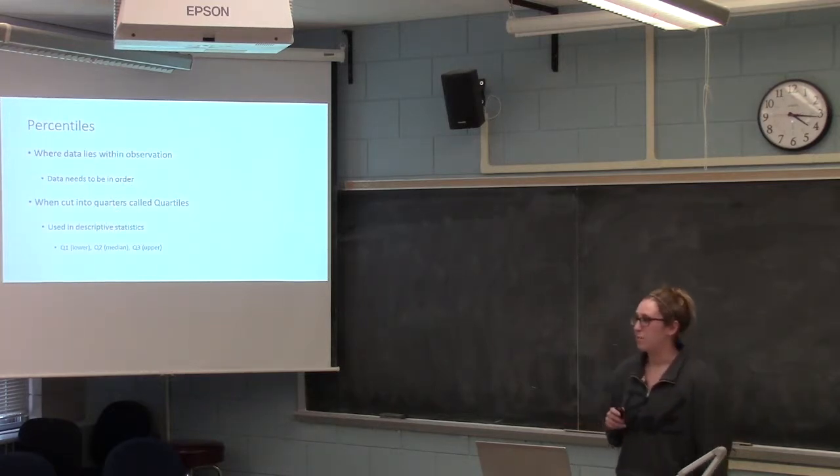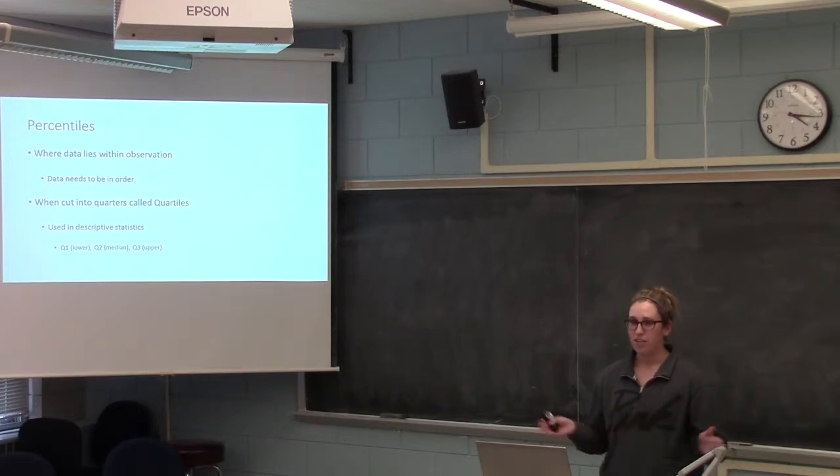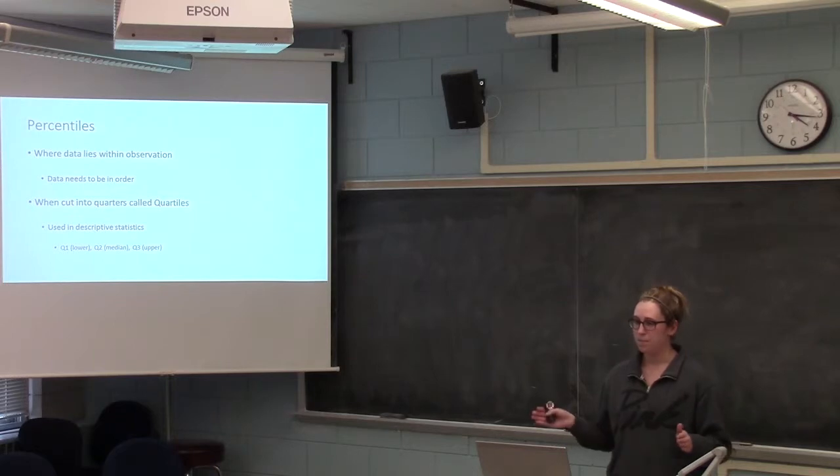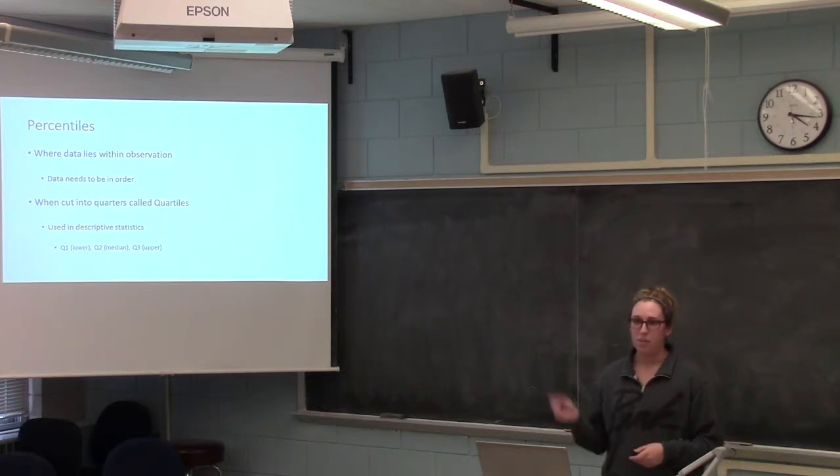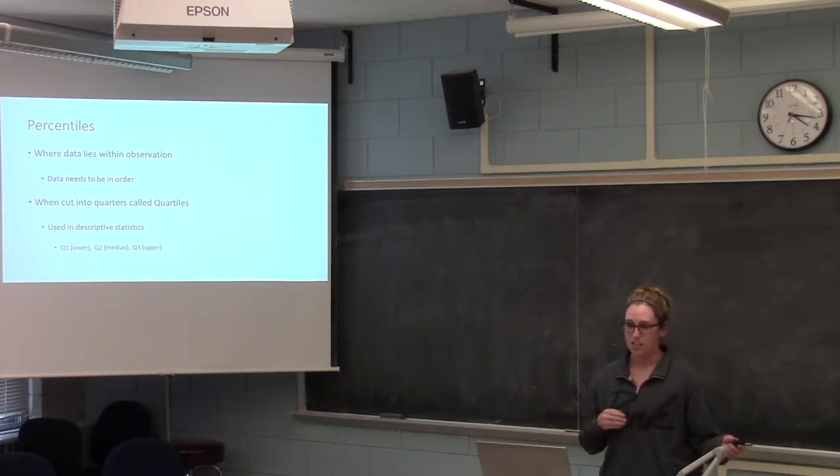We can then move on to percentiles. So say you have a data set and you organize it from least to highest, or put it in a particular order, and then you pick one observation, and that one observation will be in a certain percentile.